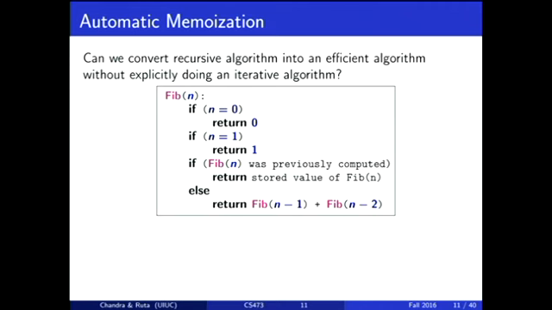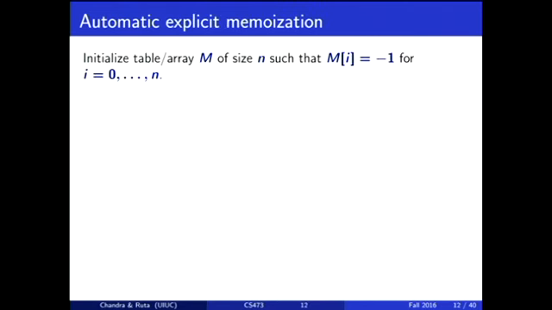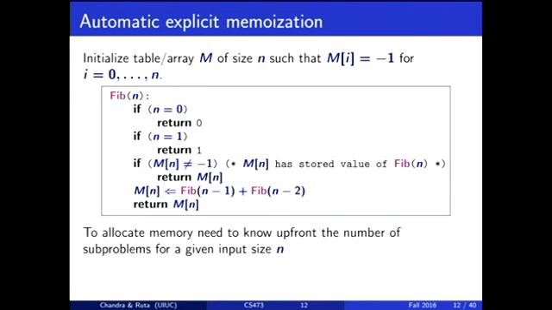What is the other way? This is the top-down way, where I don't know what I'm doing. Here, I know a priori that there are n values, so I'm allocating an array of size n.